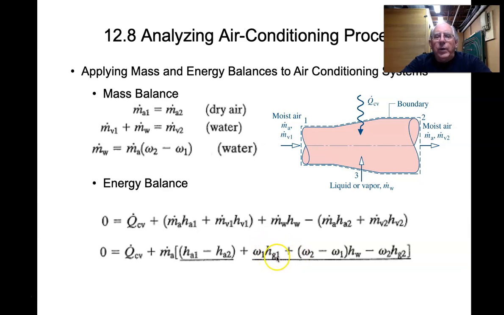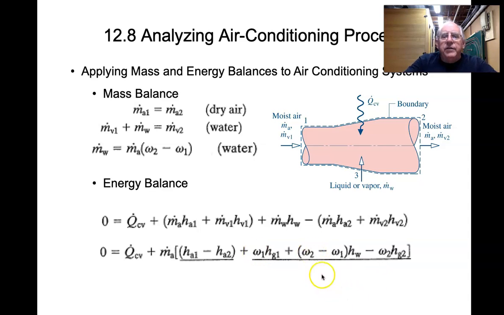We keep in mind that the h_v can typically be written as h_g at the same temperature. We made that assumption before: if we are out on the right side of the dome at a given temperature, we can usually assume that the enthalpy of the vapor can be related to the enthalpy of the saturated vapor condition at that particular temperature.